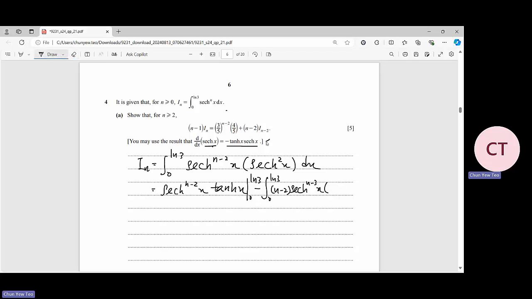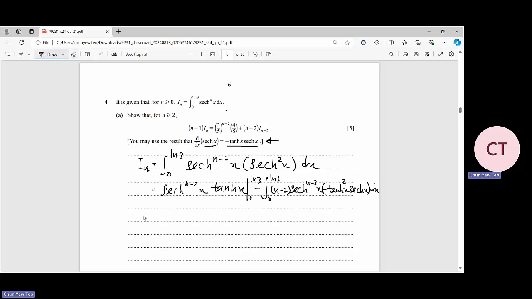Based on this, you get negative tan x sec x dx. But not to forget that you need to multiply here, so I make it become squared. After I differentiate, I still need to multiply by the integral of sec squared. So I get tan x, so I make it become tan squared x.